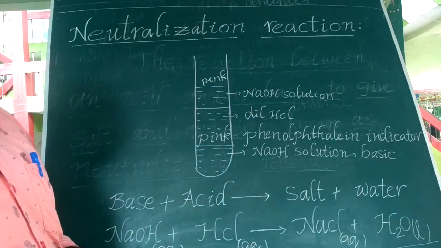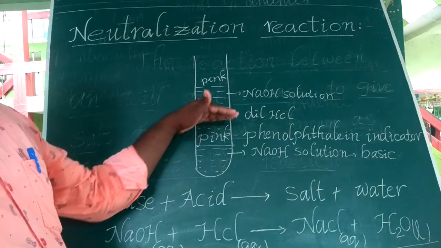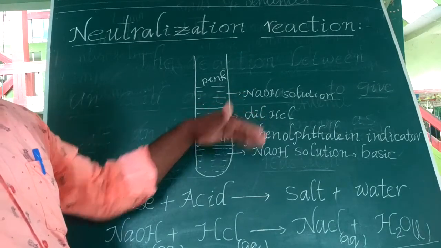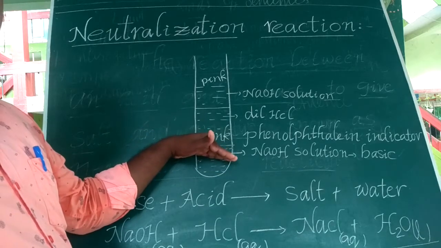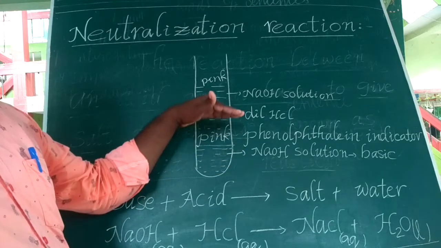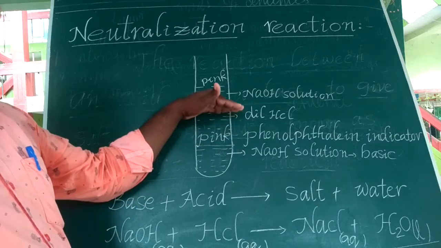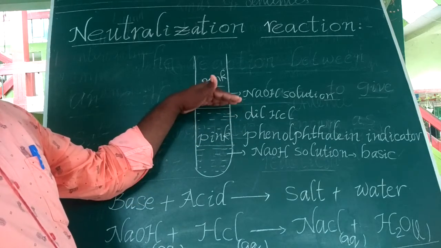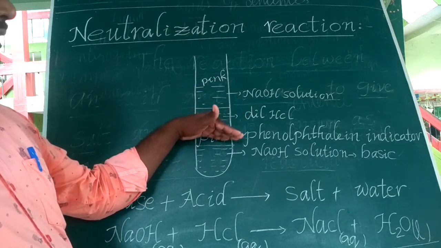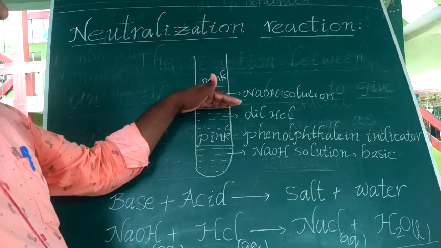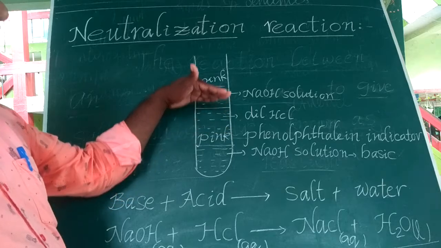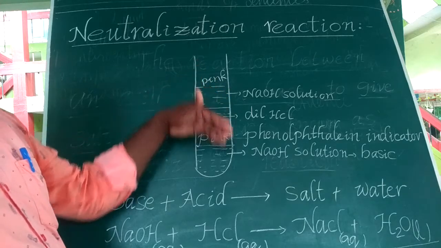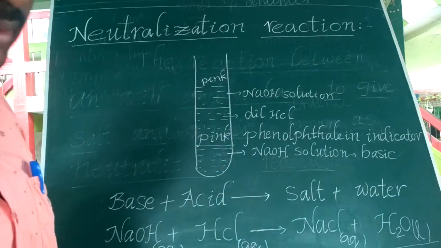Why? Because the solution becomes basic in nature. So here the effect of base is neutralized by acid. This reaction takes place between acid and base. It gives salt and water. Such a reaction is called neutralization reaction.